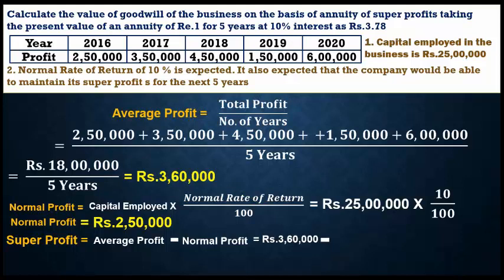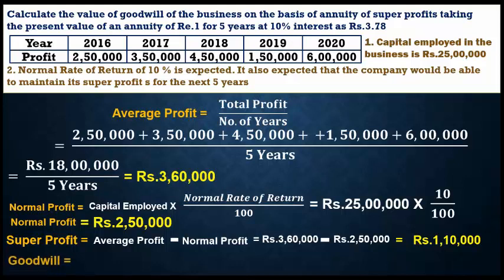Normal profit, also calculated here, is 2,50,000. 3,60,000 minus 2,50,000. What is the super profit? 1,10,000.